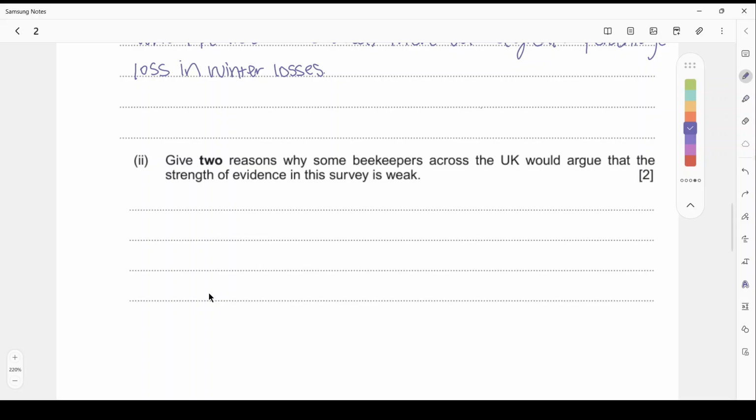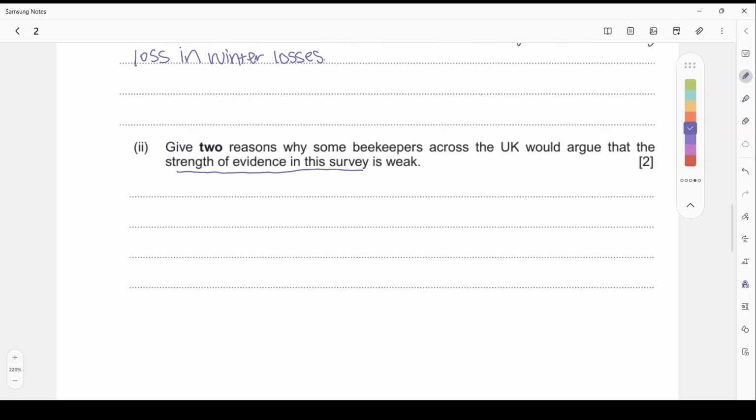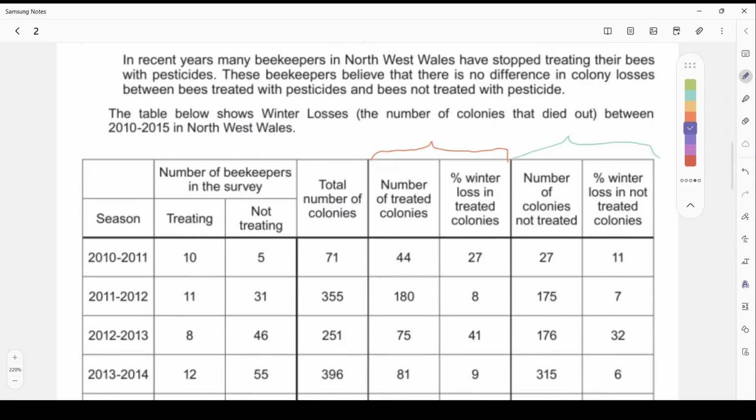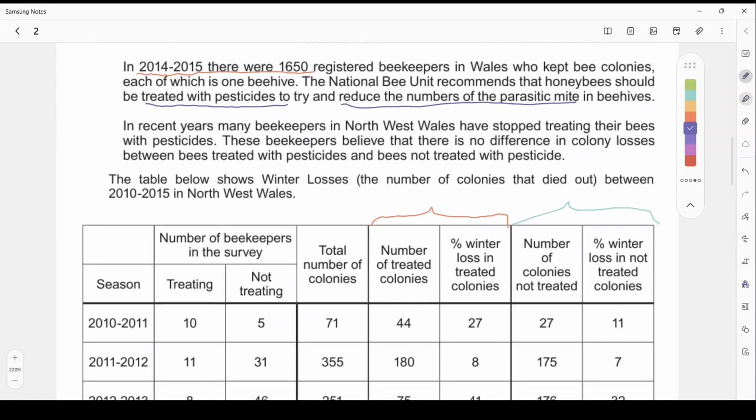Alright, so give two reasons why some beekeepers across the UK would argue that the strength of the evidence of the survey is weak. So if we want to talk about the validity or how reliable the survey or the experiment is, we would always need to go back and comment about how the survey or the investigation was conducted. So for example, they only did this survey in northwest Wales, right?